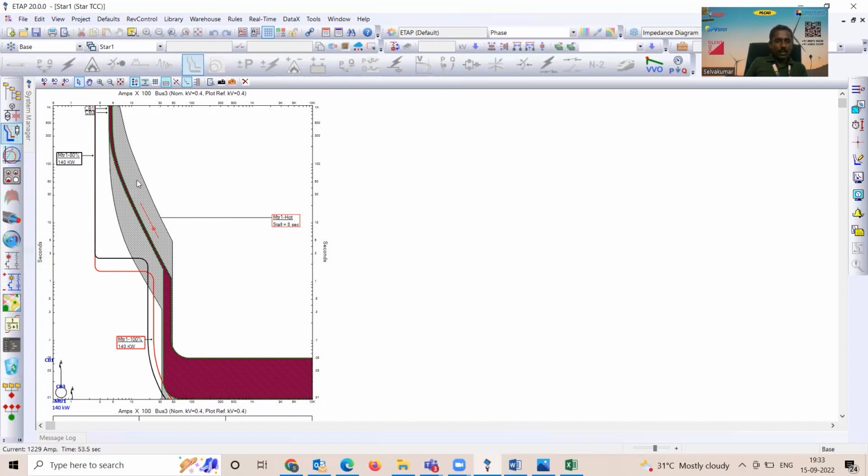So here, with the thermal magnetic, you neither prevent the maloperation during the starting nor protect the motor against the damage. But with the electronic release, you have prevented the nuisance tripping while starting the motor. You have also protected the motor properly, right?